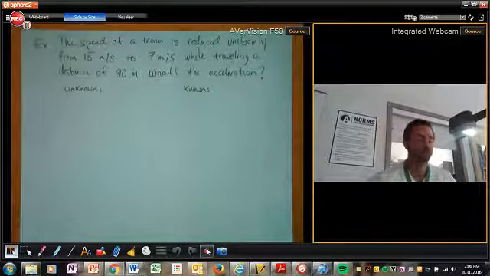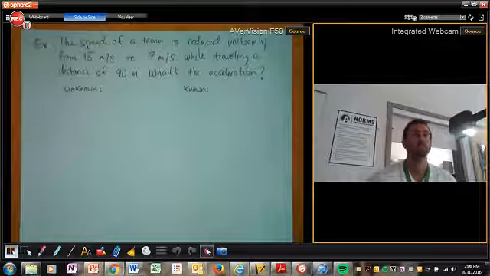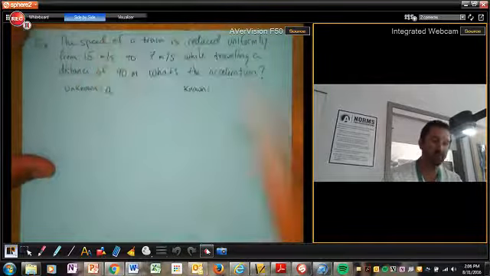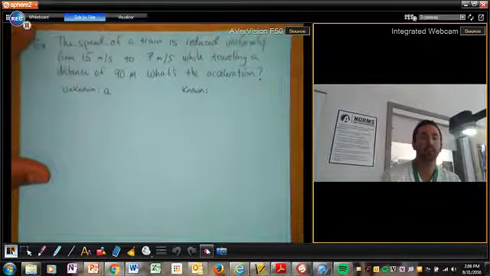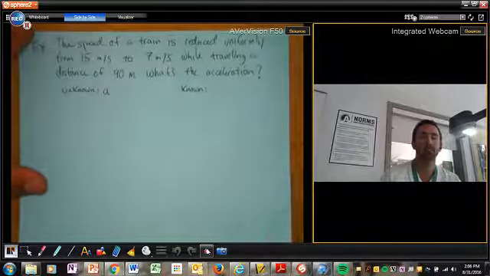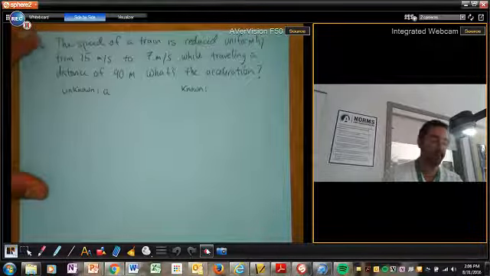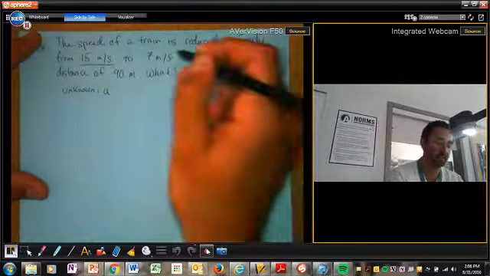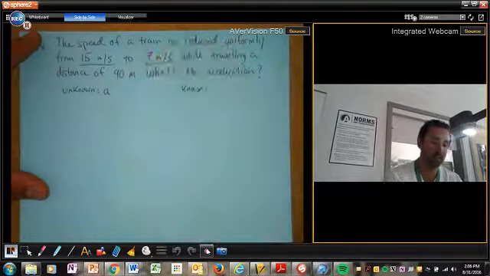Alright, so what am I looking for? Acceleration. I'm looking for A, right? And what does this word problem give me? I got 15 meters per second, 7 meters per second, and 90 meters.